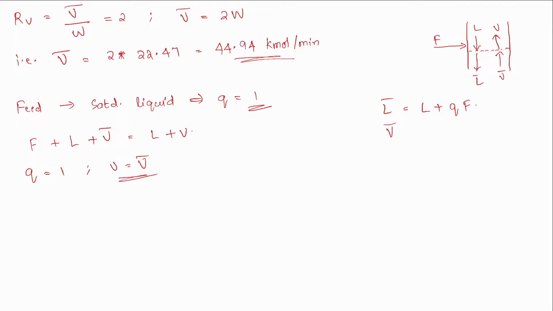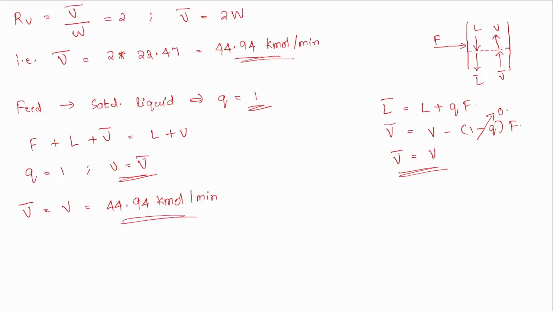Similarly, we can write V bar is equal to V minus (1 minus q) into F. Since q is equal to 1, 1 minus q will be 0. So this equation becomes V bar is equal to V. So V bar is equal to V is equal to 44.94 kilomole per minute.